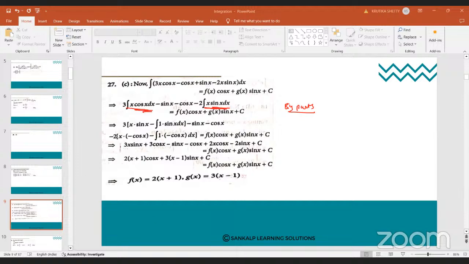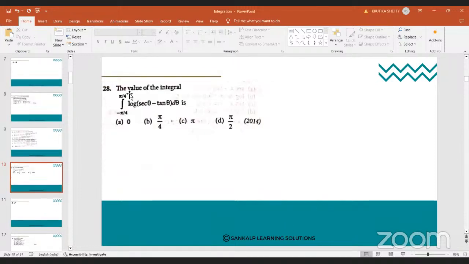Next, example number 5. The value of the integral from minus pi by 4 to pi by 4 of log of sec theta minus tan theta d theta is.